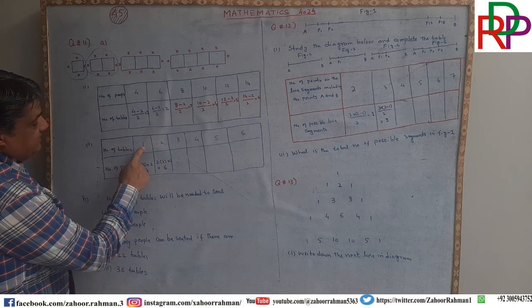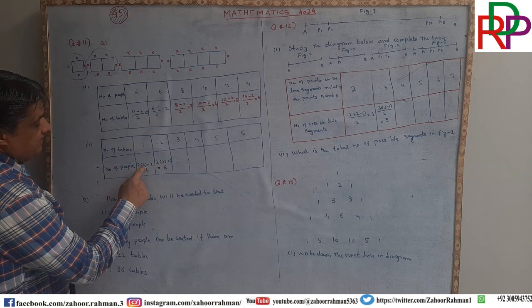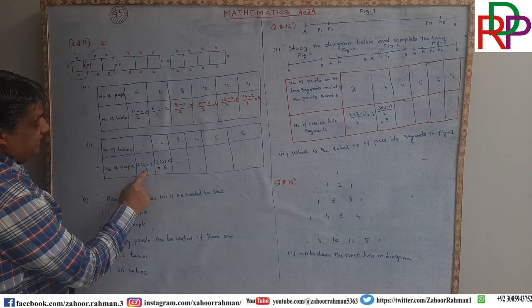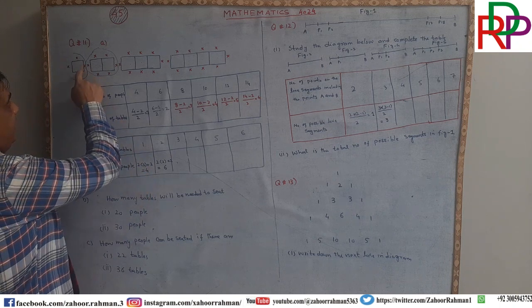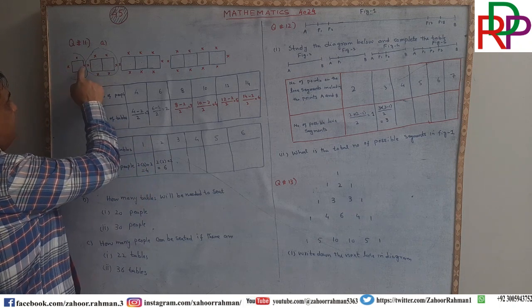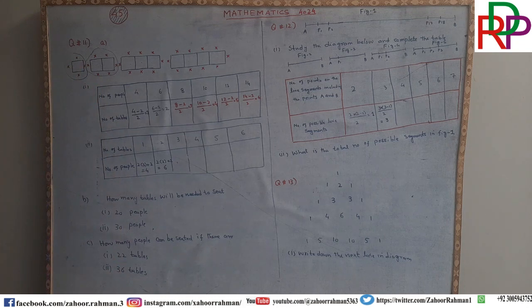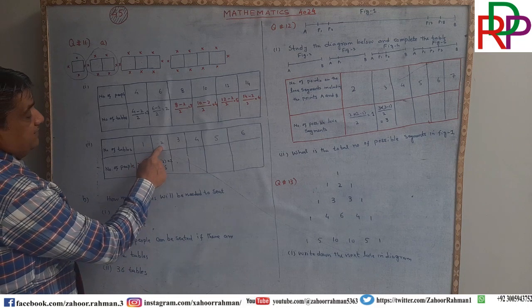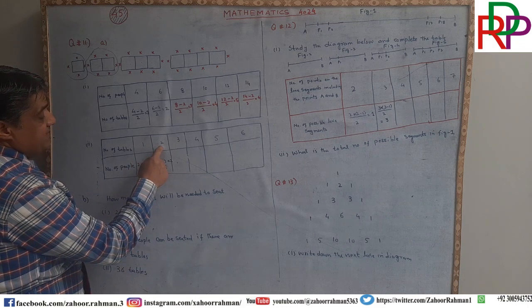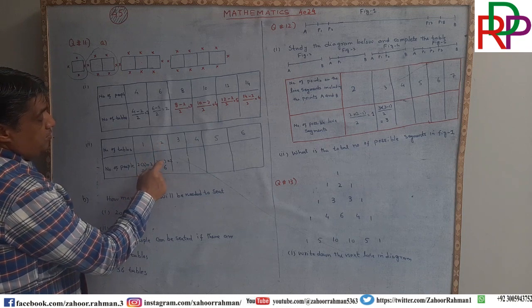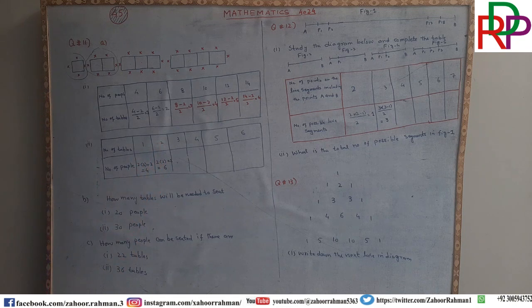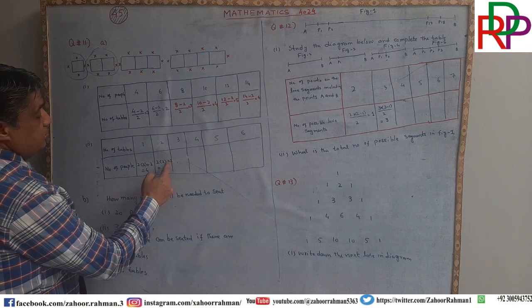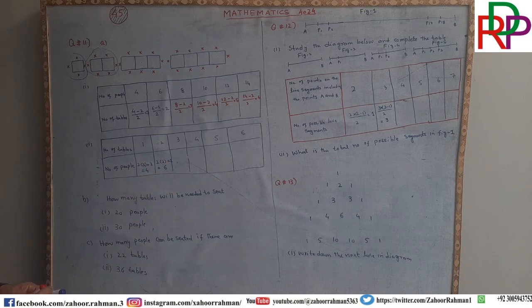We are generalizing the formula: 1 times 2 plus 2, that will be 4, so on one table 4 people can be seated. Similarly, if there are 2 tables, how many people can be seated? It is 2 multiplied by 2, so 2 twos are 4 plus 2, equal to 6.